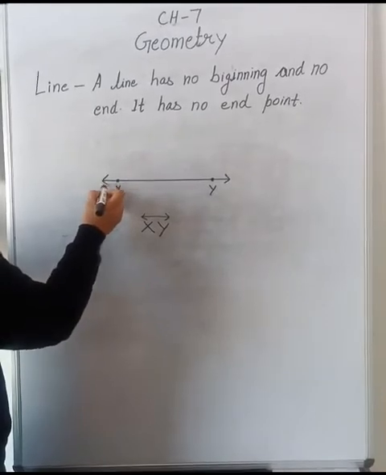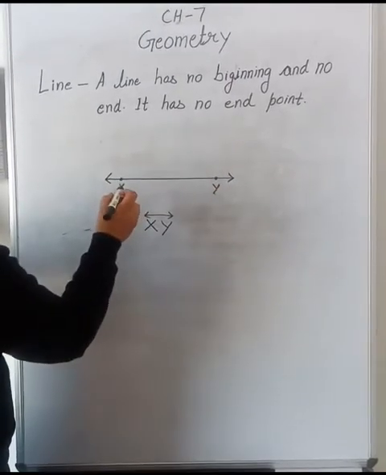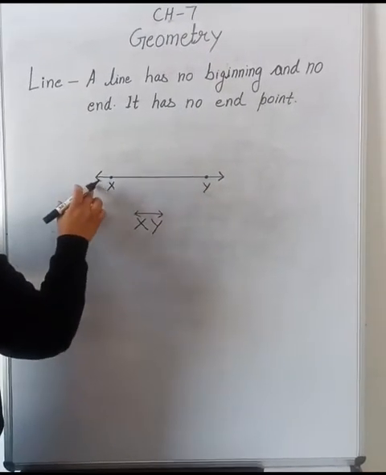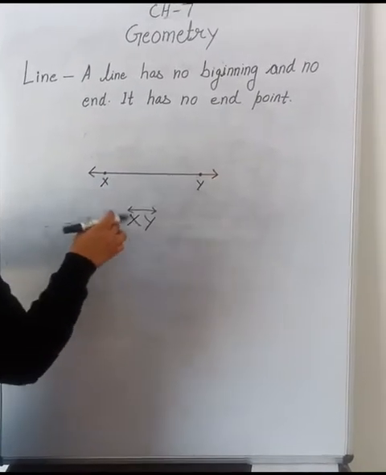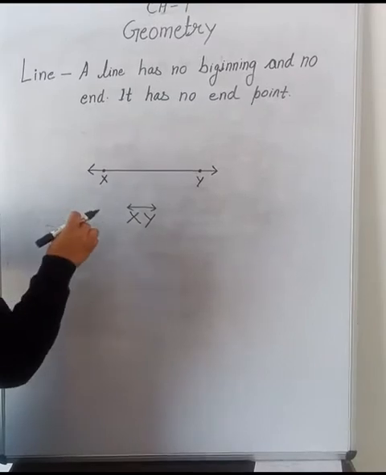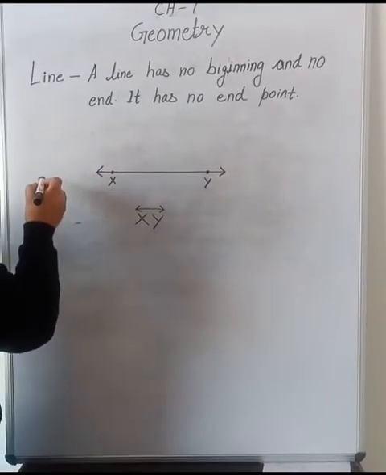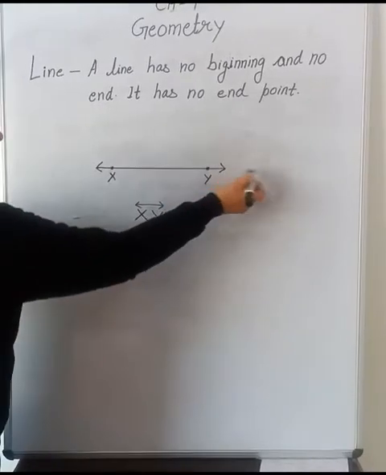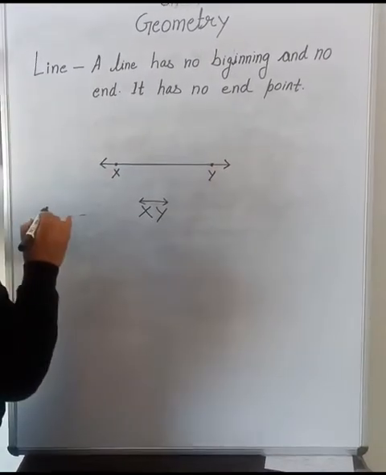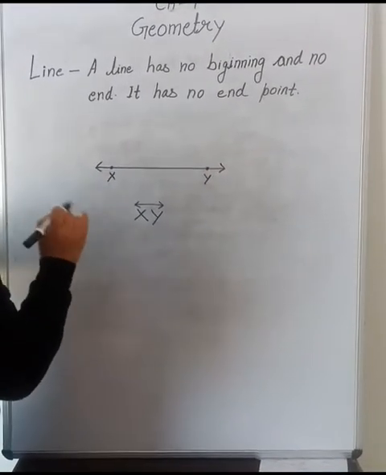And these arrows: a line is represented with double arrows. This side also, this side also, showing that it can be extended without limit in both directions. So this is called a line.